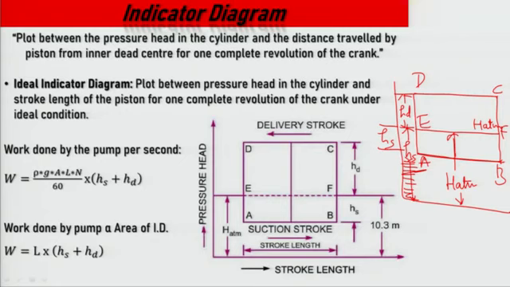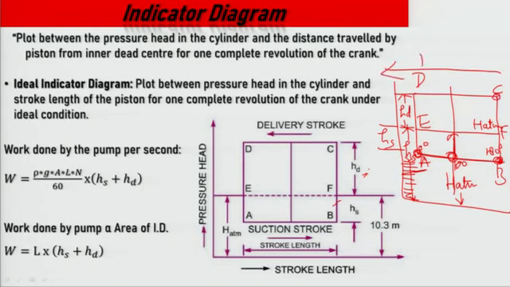If you see in the realistic case, it is not constant all the time, but in the ideal diagram we assume this Hs is constant and below atmospheric, and this line is AB. At theta 0, the middle is 90, and this is 180. So this is the beginning of the stroke, this is the middle, the end of stroke, the beginning of delivery.